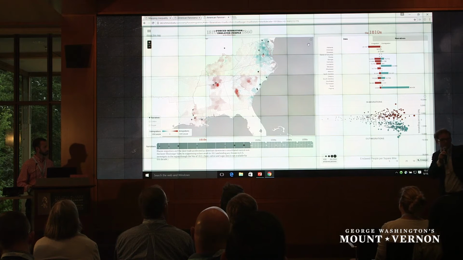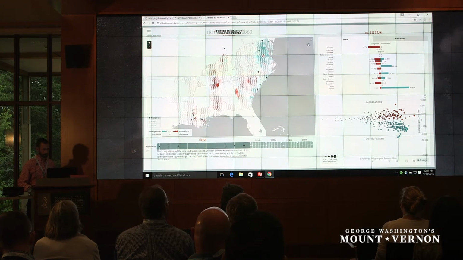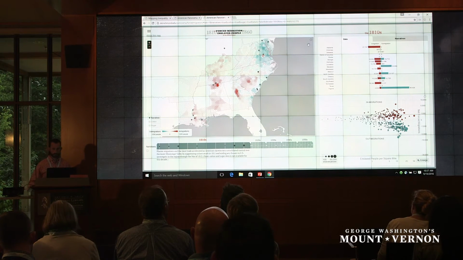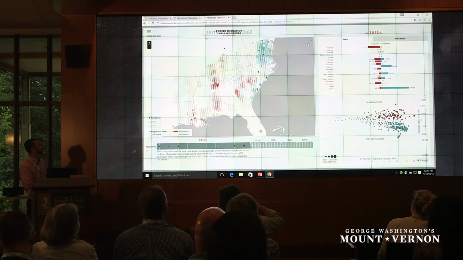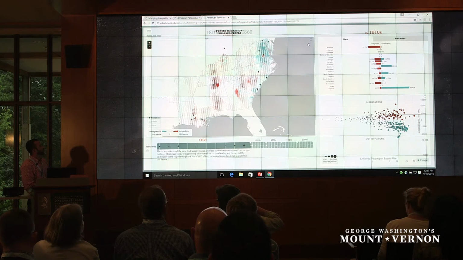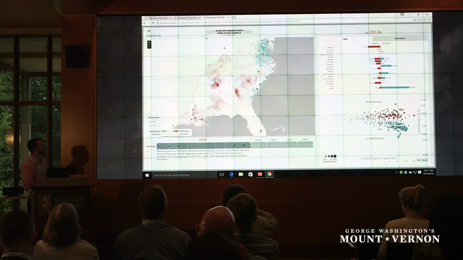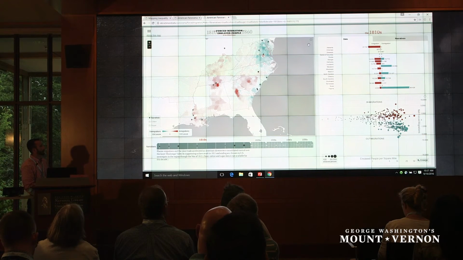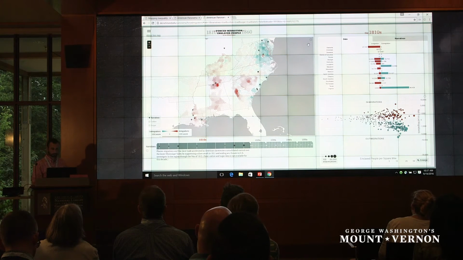Some people move with their owner, if their owner relocated, but probably 2/3 of the forced migrations that took place in the half century before the Civil War involved trade. And it's about a million people is the estimate, right? And we have to estimate this, and Justin will talk about this a little bit more.